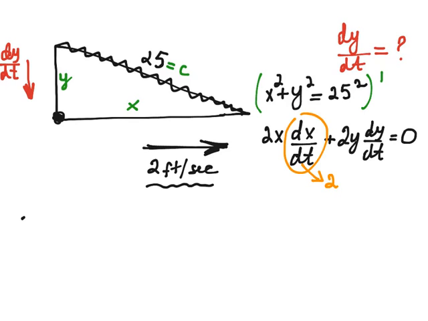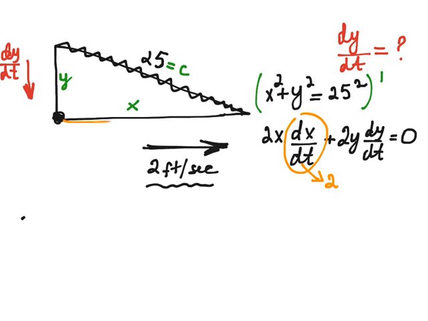Also, let's see what else we have. The problem states that x equals 17. If you read this question, it says, at what rate was the top of the ladder going down toward the ground when the base of the ladder was, at that moment, 17 feet away from the house?